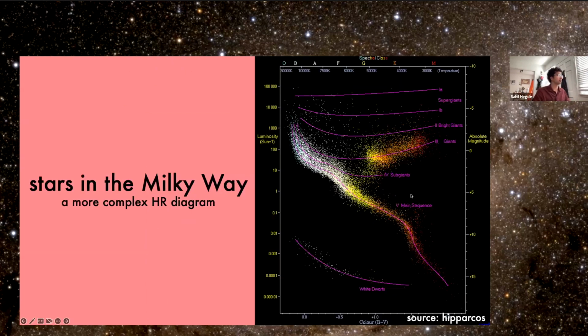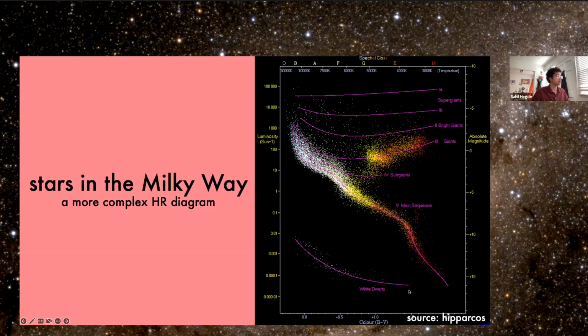But if we looked at something like our Milky Way, this is actually a collection of several populations of stars. So you have stars that are on the main sequence, but then you also have some stars that have evolved away. You have some stars that have become white dwarfs. So you get this very complicated diagram that shows you basically the distribution of your population of stars.